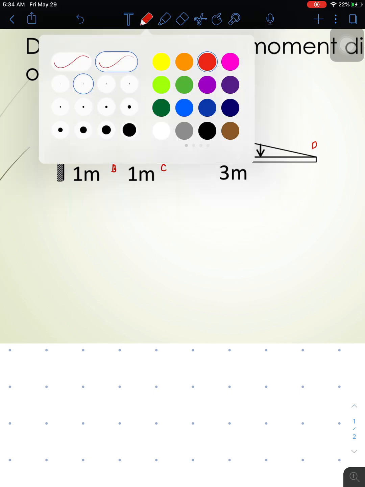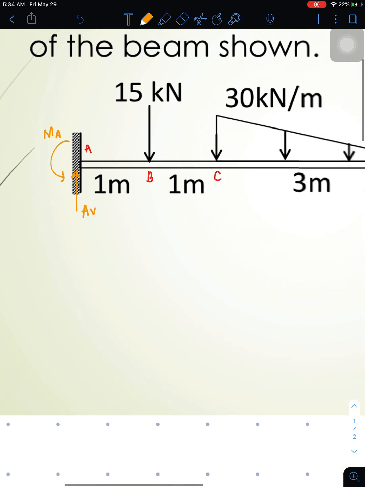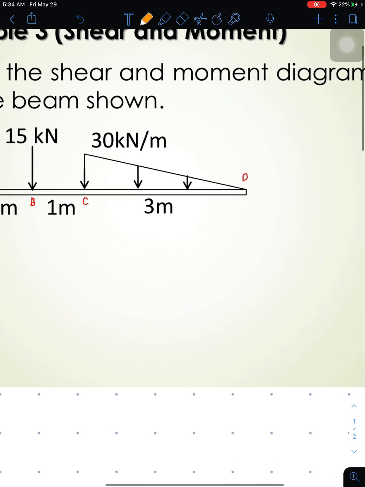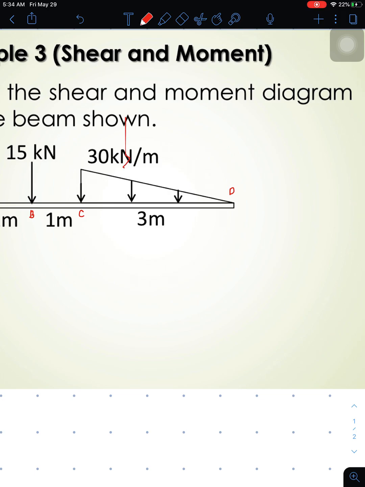And at the leftmost end, we have the support here, so it should have the AV vertical and the MA, since this is a cantilever beam. Next, we have a distributed load. What we're going to do here is get the resultant.